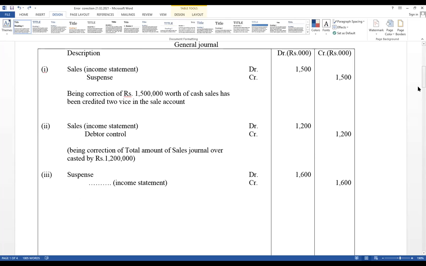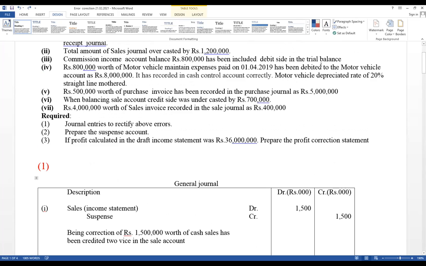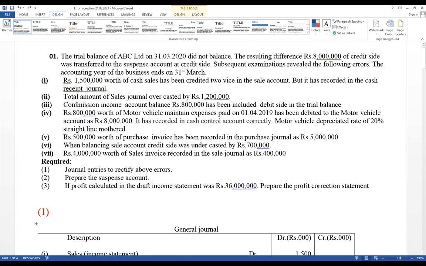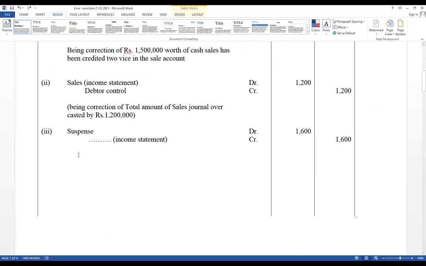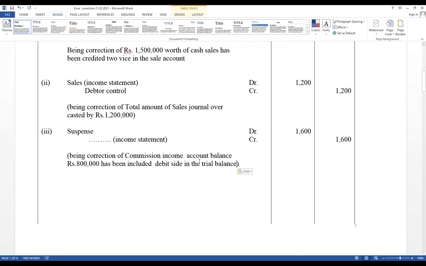Therefore, narration: being correction of commission income account balance, rupees 800,000, which has been included on the debit side of the trial balance.